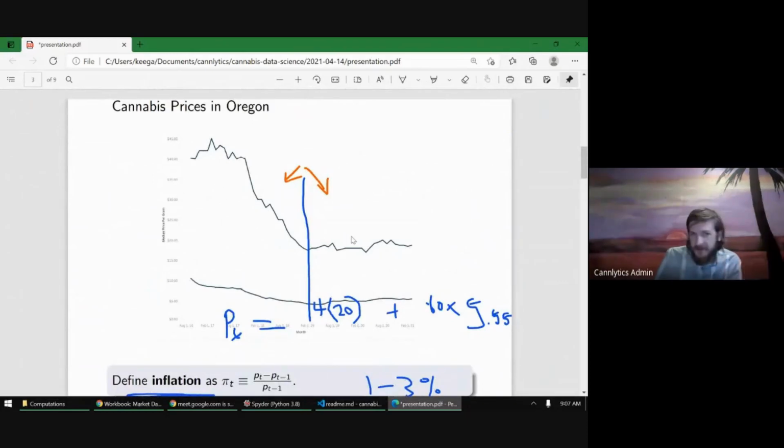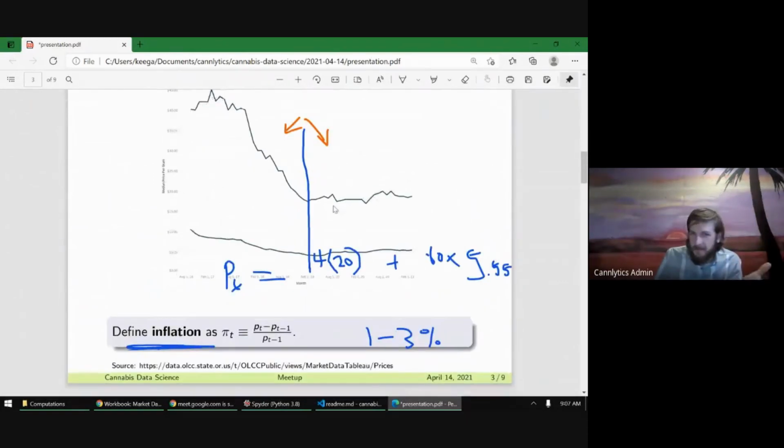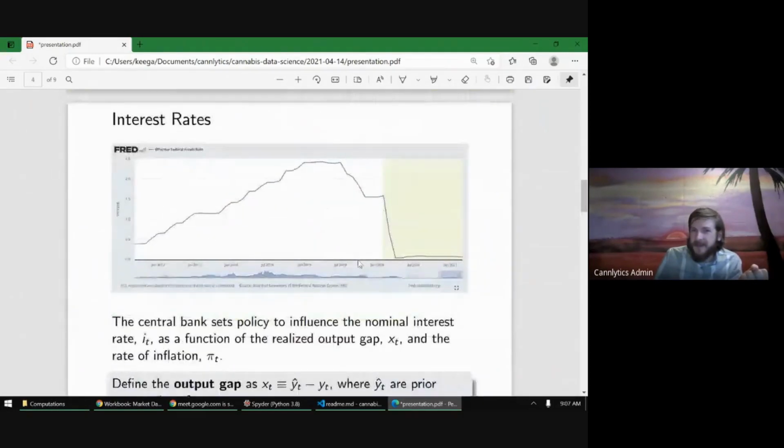So you see this graph, and things are kind of stable, but it doesn't even really look like cannabis prices are correlated, at first glance, with the federal interest rate. But once again, that's where we're going to use some statistics and see what may be the relationship. Are they even correlated? And if so, to what degree?